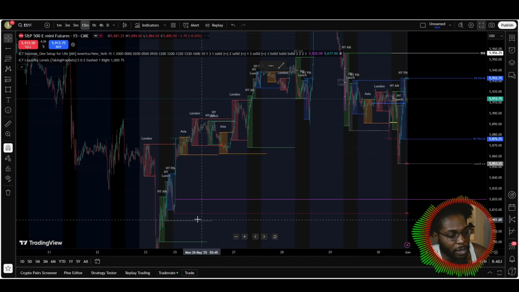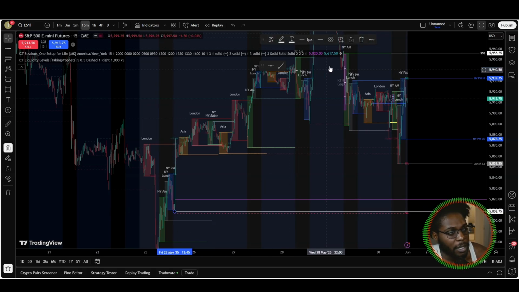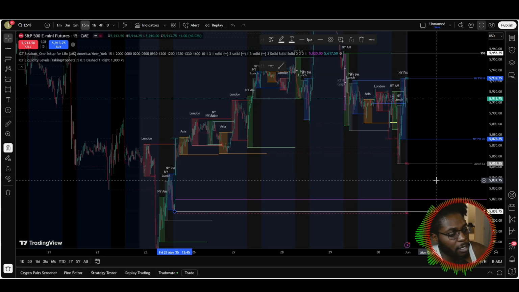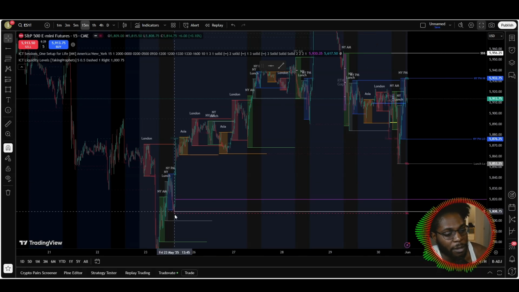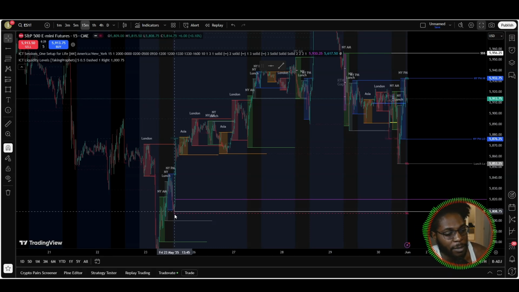And then we also have this other area down here that's marked out as some sell side liquidity. So we can just map them out, and we're either going to be using these as targets, or we're just watching them to see what happens whenever price gets to these areas. Because whenever price gets to these areas, we want to see some type of reaction, and depending on that reaction, we know where to execute our trades and what side of the market we're going to be on at that time.